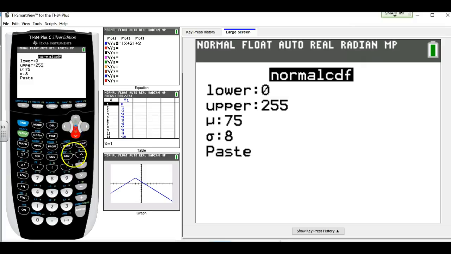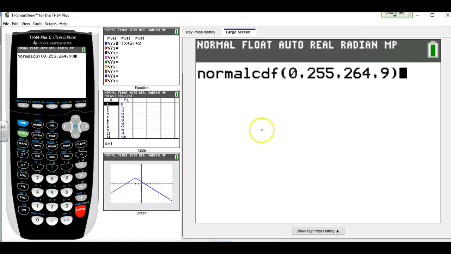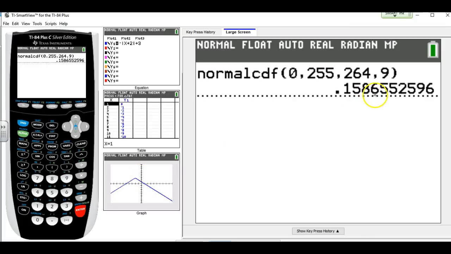The mean was 264, and the standard deviation was 9. It should look like this in your calculator. And then we hit enter. Again, we want 5 decimal places to round to 4. So here we're going to go with 0.1587, 15.87%.